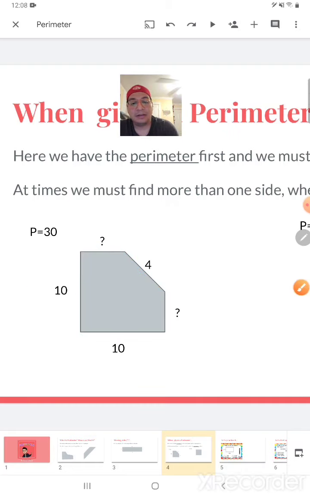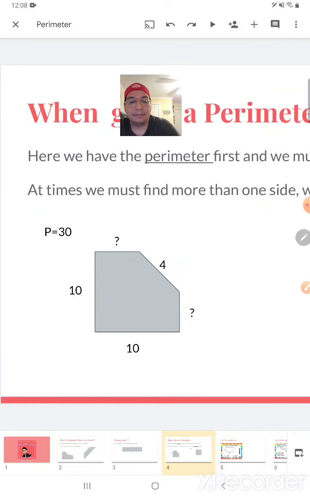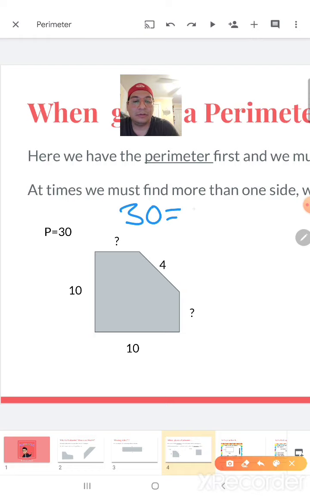So I'm going to go ahead and clear that. I'm going to have to first find out what I have here, right? Let's work with what we have. So we know that perimeter equals 30, so 30 is equal to 10 plus 10 plus 4 plus question mark plus question mark.